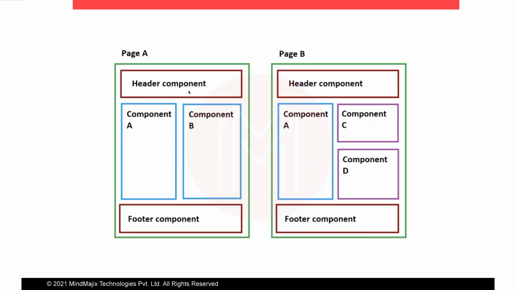So basically, we make a component of header, or a component of footer, and we reuse those components wherever required. Suppose you have a button of some styling, you can create a component of the button and use it in every page or in any position in any part of the application.